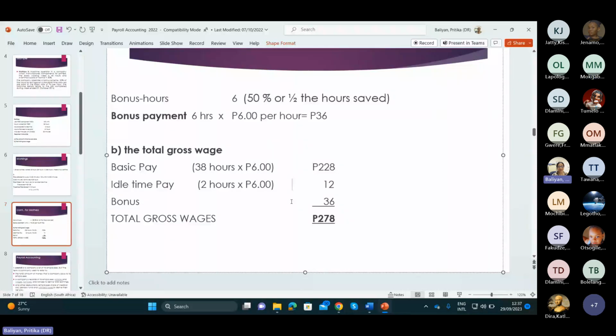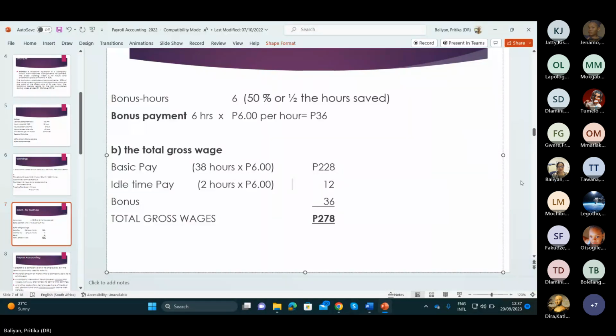So do you manage to understand this calculation? Yes, ma'am. Is it clear to everyone? If anybody does not understand, please let me know. Are we all fine?